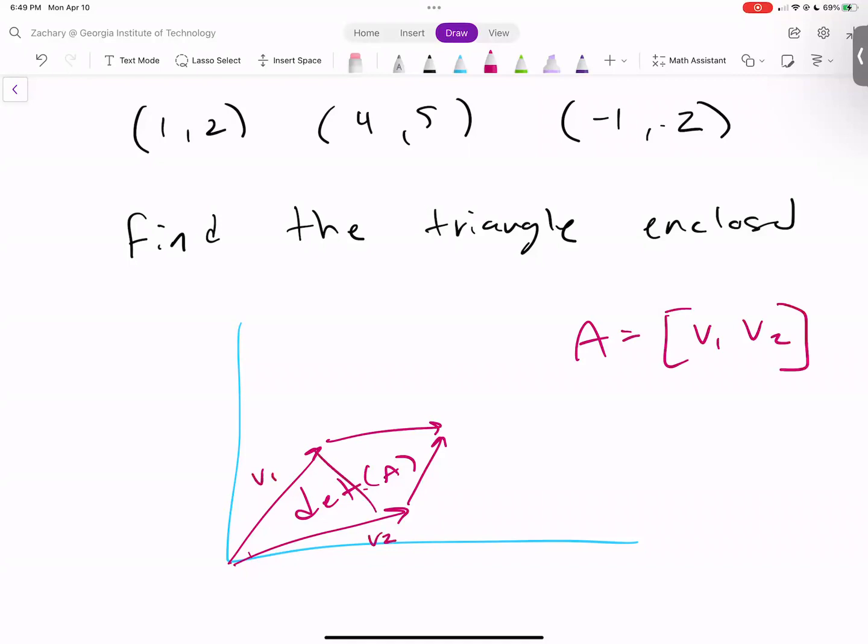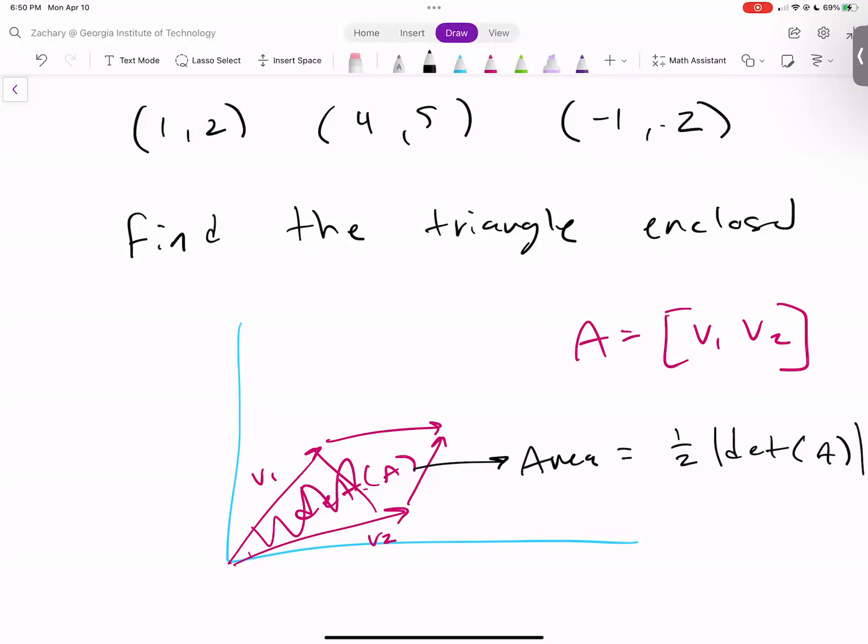And if we're just wanting to find this triangle or half of it, we just take half of whatever our determinant is. So just write area equals 1/2 determinant of A. Can we have a negative area? No. You can just make it positive.